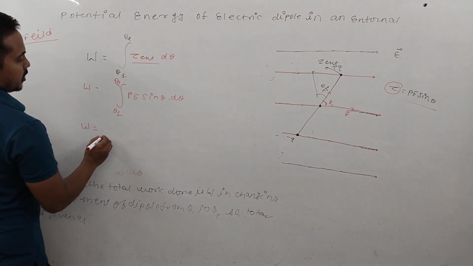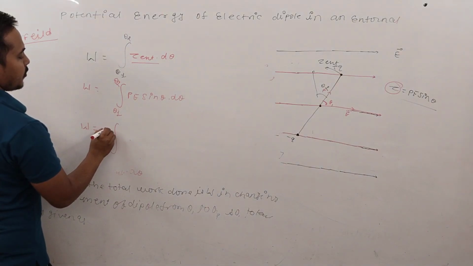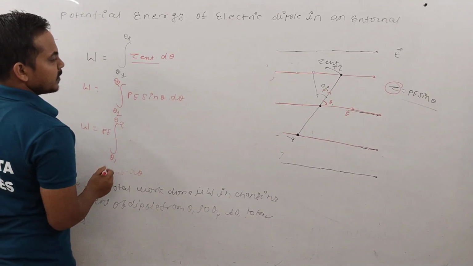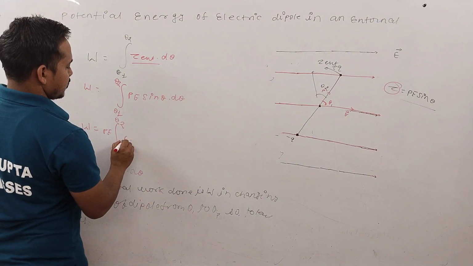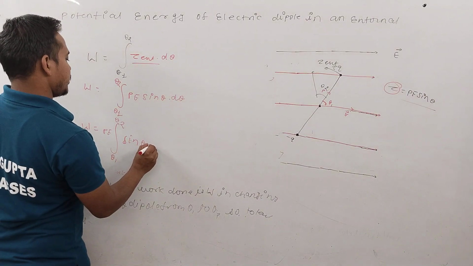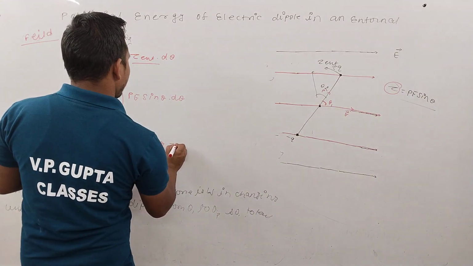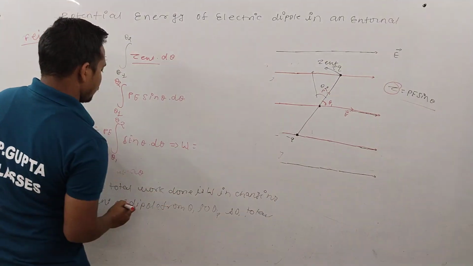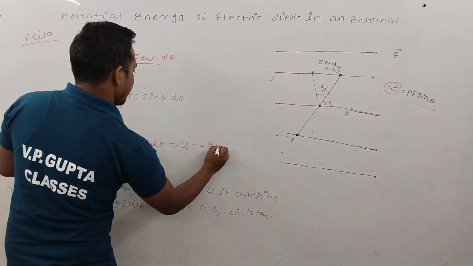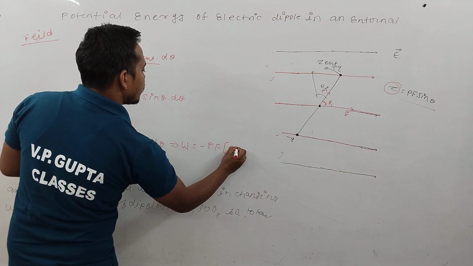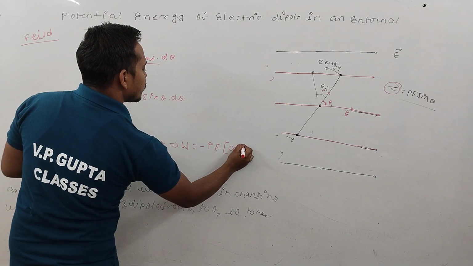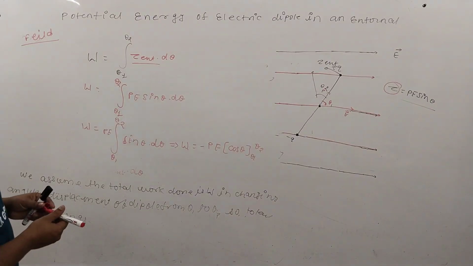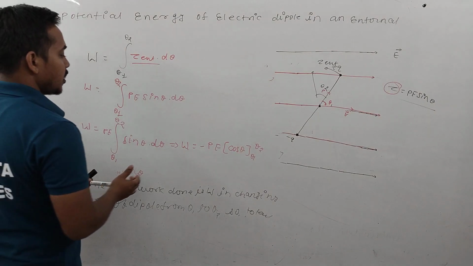Taking Pe out of the integration, w is equal to minus Pe cos theta from theta 1 to theta 2, since the integration of sin theta is minus cos theta.